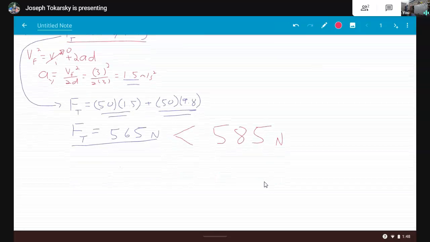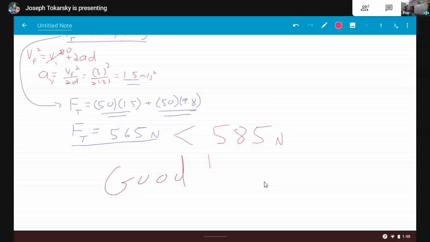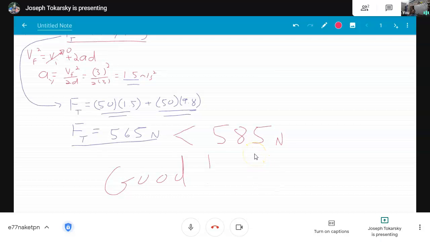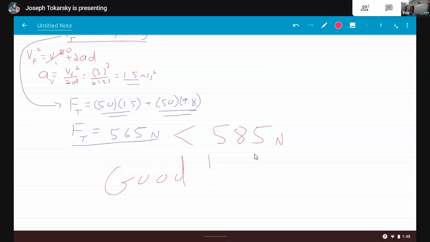So this thing should be good. It doesn't break. All right. Now if we yank it a little harder, maybe that causes a greater acceleration, and maybe that causes it to get over 585. But in these conditions, we're good.